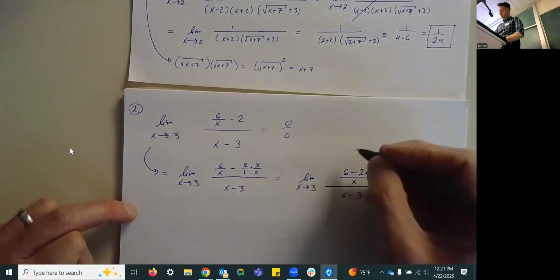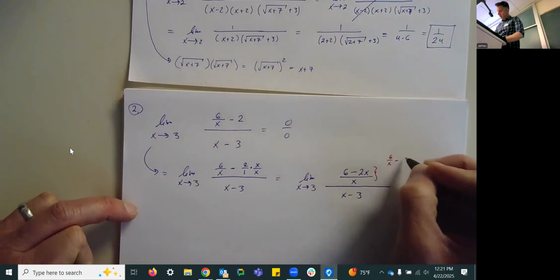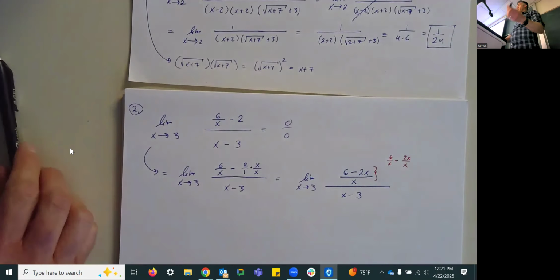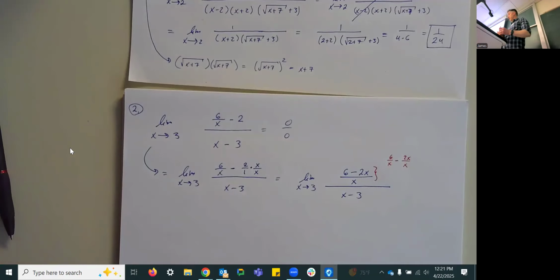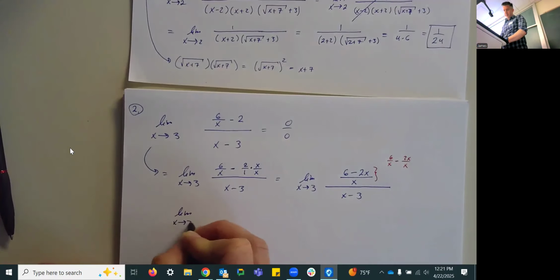Right? This top part here, that's just 6 over x minus 2x over x. Since they have the same denominator, we can just subtract the numerators and leave the denominator as is. Here's the part where people often feel like I'm doing something tricky.